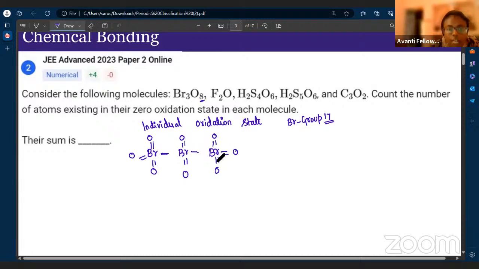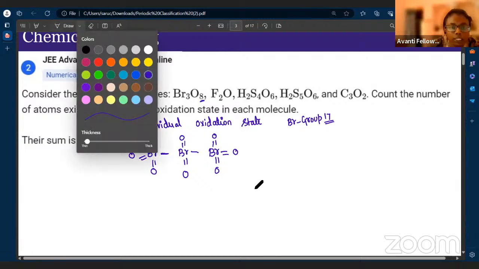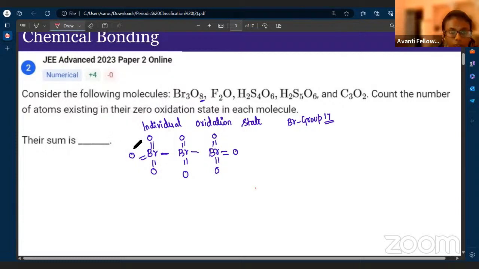Now we have to find the individual oxidation state. The oxidation state of this oxygen is -2, so the oxidation state of bromine is going to be +6.